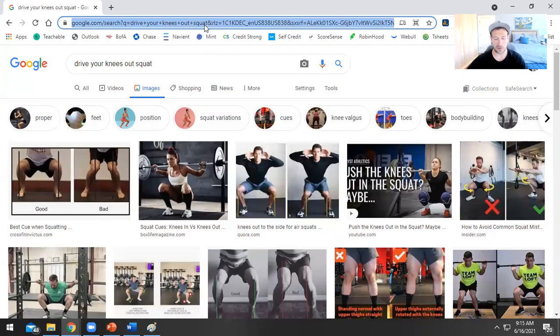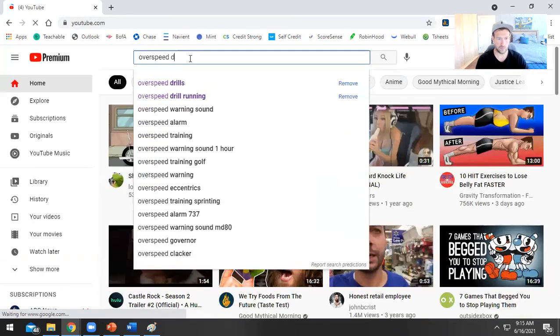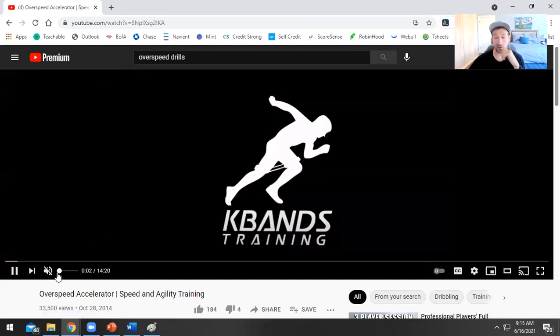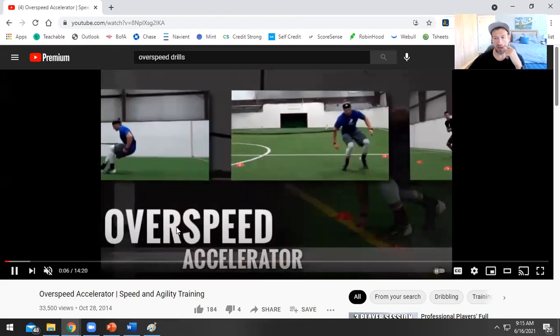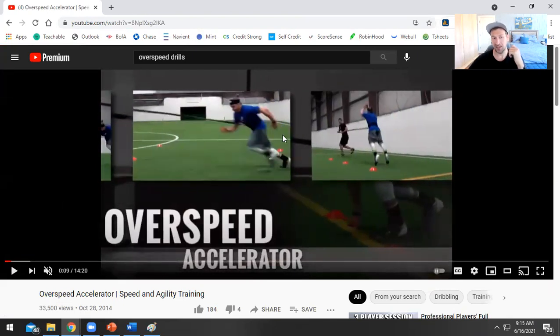Okay, so overspeed drills are something that looks like this. It is actually where you get a little bit of assistance on your speed drills. So you can actually see this band here gives him resistance in one section, and then he's actually being pulled on the band in the other direction.